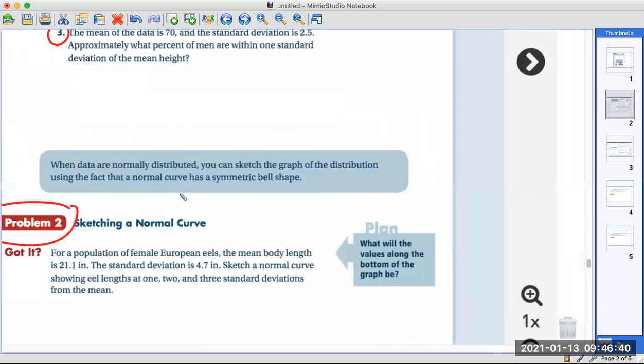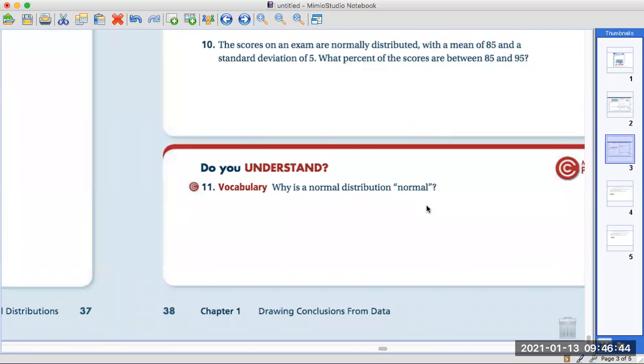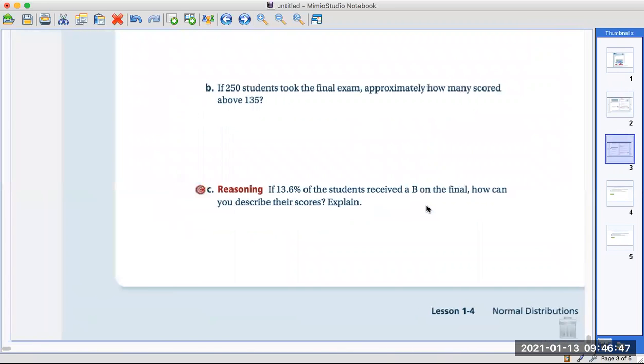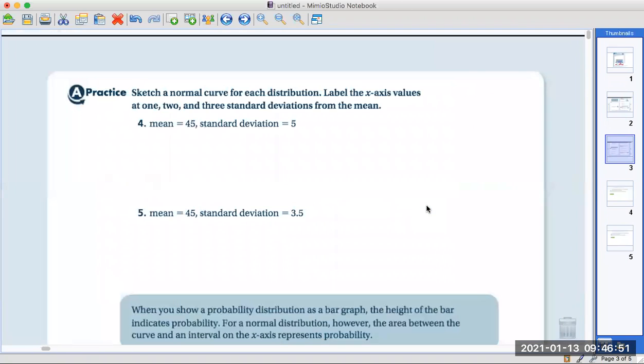And then on the next page, we're on page 37. This is kind of backwards. The book opened weird on this platform. You're going to do number 4. So this is page 37, number 4 and number 5. And remember, we always will go over every question in class that you have done for homework so you can check and make sure you get it. But I want you to try it.